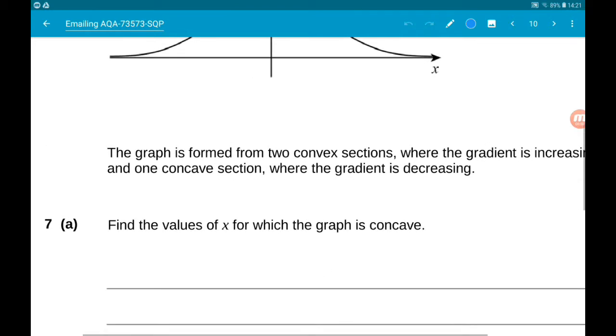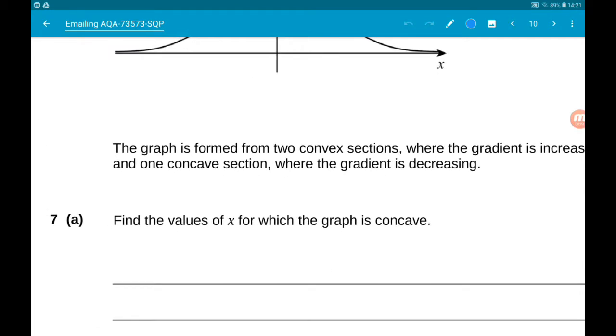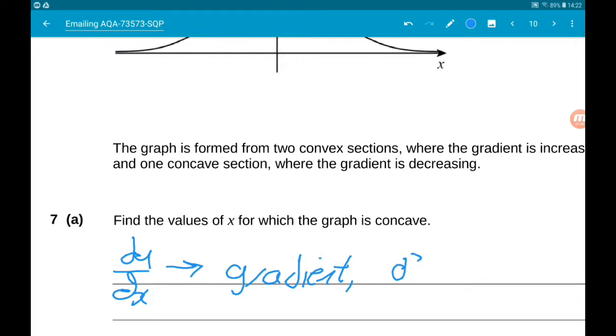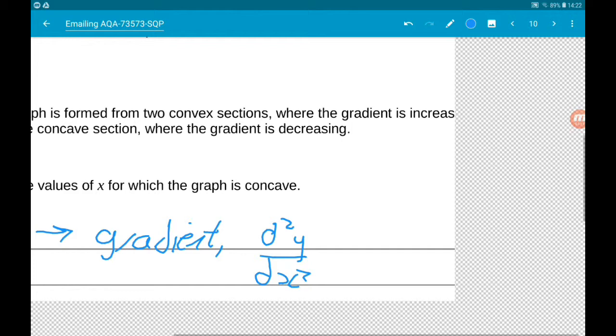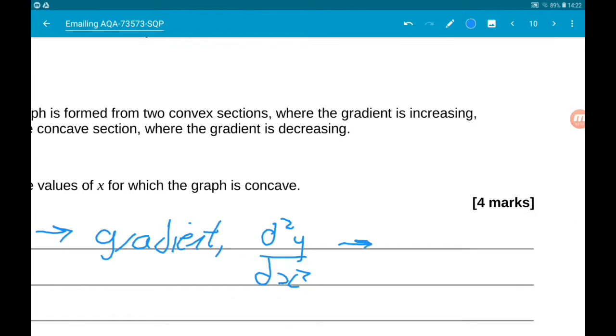So we know that dy by dx gives us the gradient, and the second derivative, d squared y by dx squared, gives us the rate of change of the gradient.